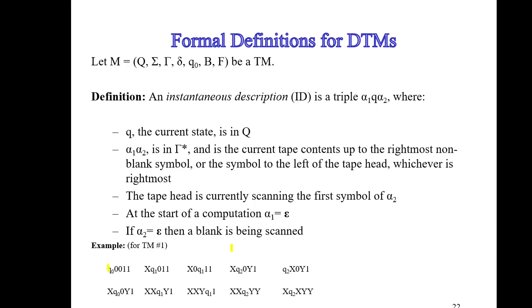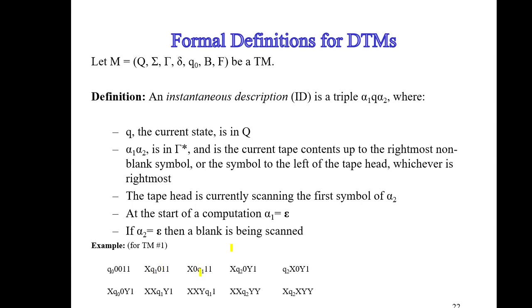So Q naught is the initial state. We take 0011 as our example string. After reading 0 it moves to the Q1 state. After reading the next 0, it stays in the same state Q1.